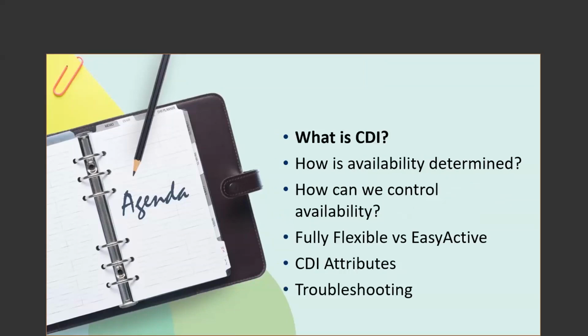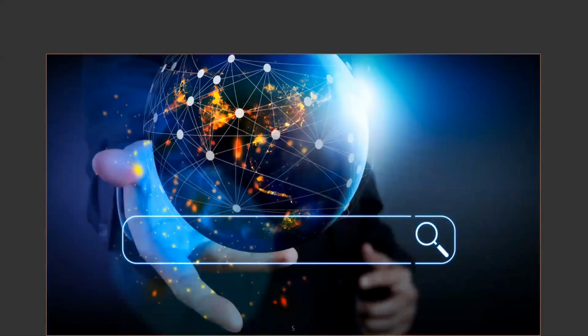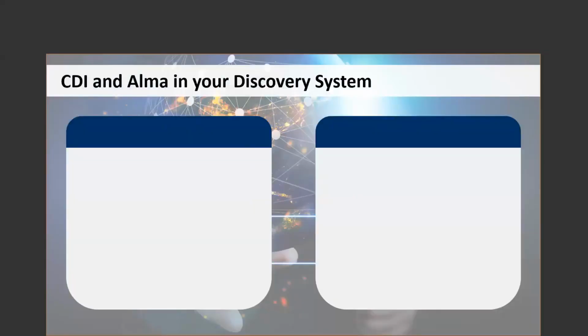So starting with what is a CDI? We've talked about this before, but ultimately you have your e-resources configured so that your end users can access them. And sometimes we talk about discovery and delivery as these two separate pieces, especially when we're talking about CDI, sort of like a conceptual model to understand the difference between what CDI is doing versus what's coming from Alma and what your choices are affecting in both places.